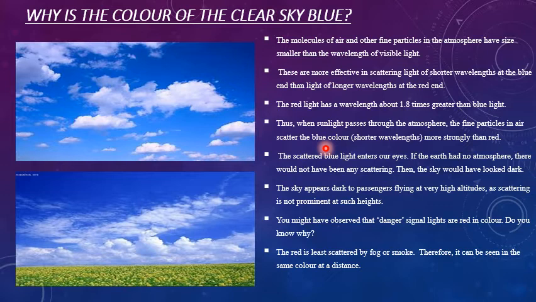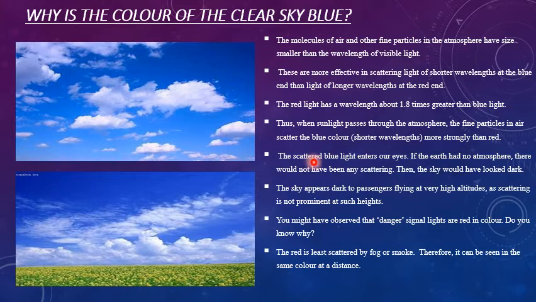In a rainbow we are able to see all colors, but when we are looking at the sky, out of Vibgyor, the blue color is scattered more because it has a shorter wavelength than red. That is why the sky appears blue to us.